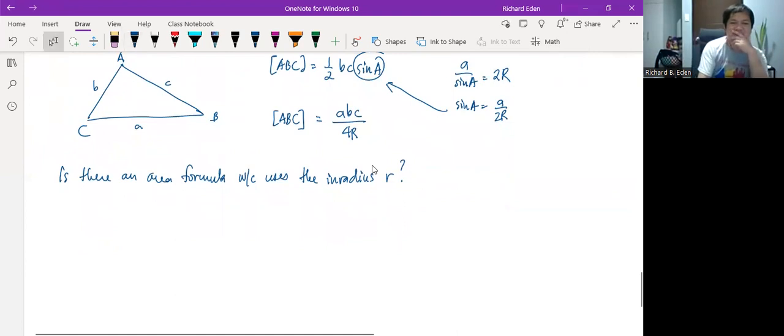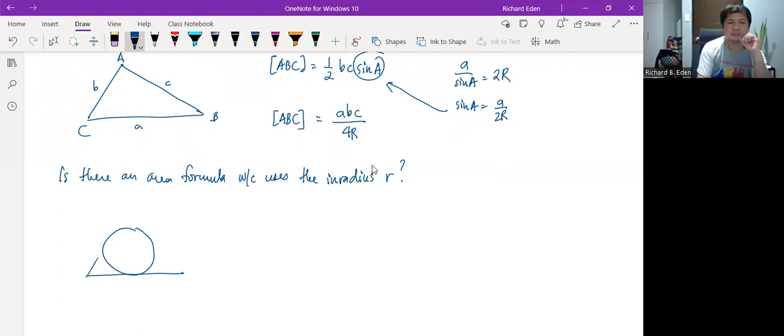Okay, ito. In radius, where does the in radius appear? In the in circle. And in circle, it's a circle which is tangent to each of the three sides. So I'm going to start by drawing the circle. Okay. Points of tangency.